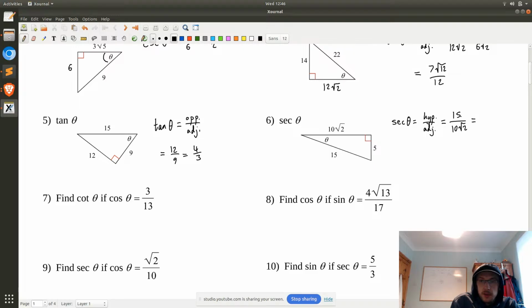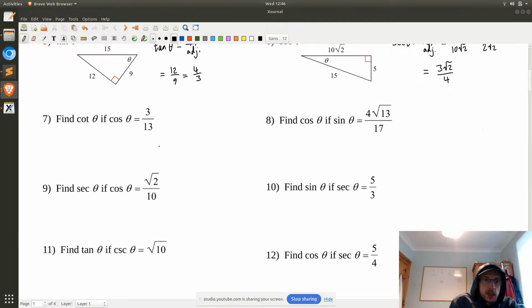Cancel out the common factor of 5 on the top and bottom. And then simplify the radical expression there, or the surd, if you like, times the top and bottom by root 2. And so we get 3 root 2 over 4. And check. And that's correct. And next one.